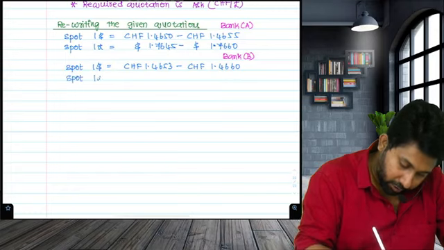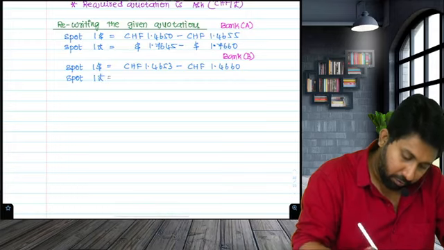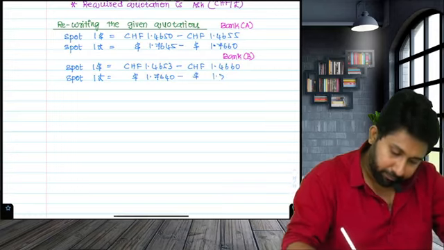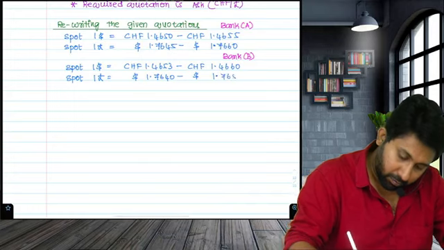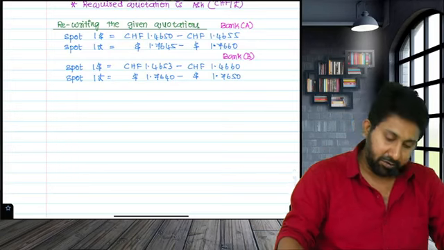Next, spot, 1 pound equal to dollar 1.7640 dash 1.7650. Two banks we have given.